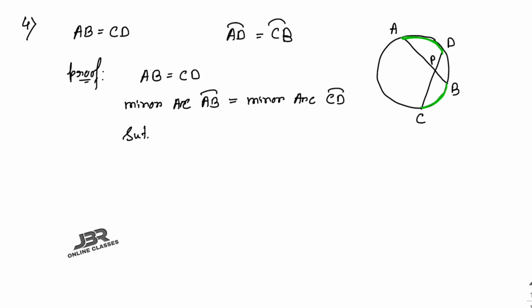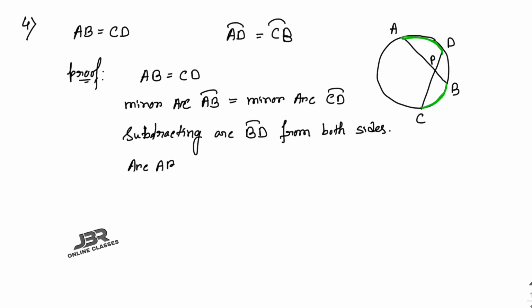Now subtracting arc BD from both sides: arc AB minus arc BD is equal to arc CD minus arc BD.